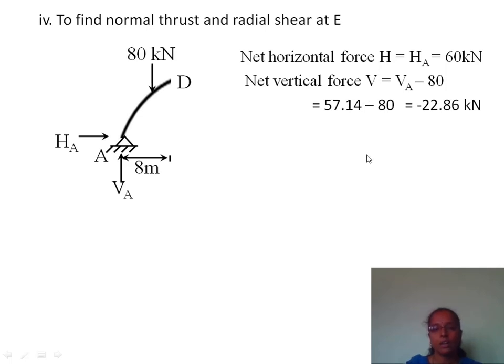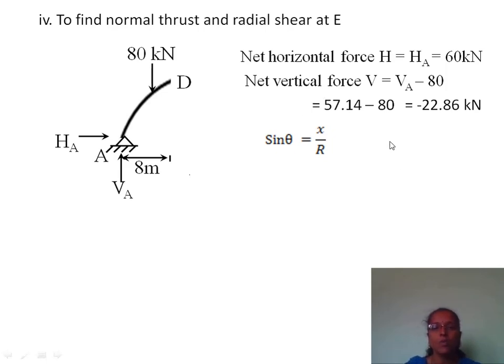Now we have to calculate the angle made by the point E with respect to the central line. That is given by sin theta equals x by r. We should always keep in mind that in circular arches, x is always measured from the center of the circle. Point E is at a distance 8 meter from the left end, and the center point is at 10.5 meter.